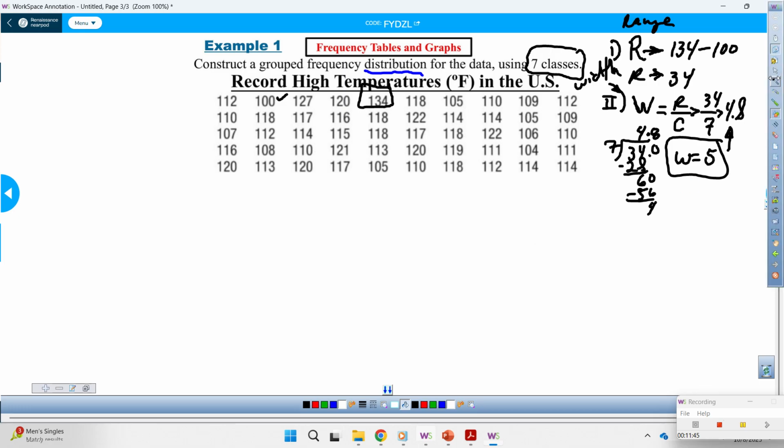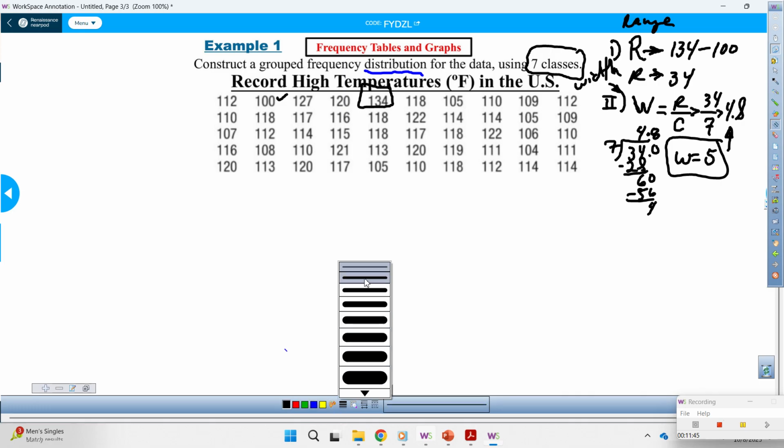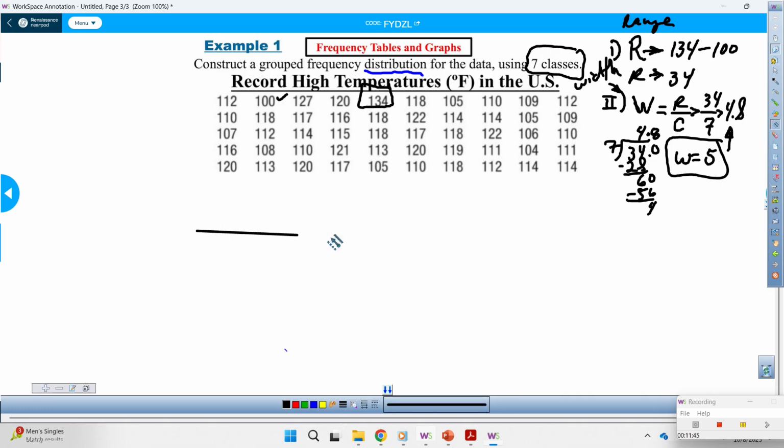All right, from there we start building our distribution. First we start with a little bar like so. Pay attention, because this is what you're going to be doing for homework. Then we start with our first row.